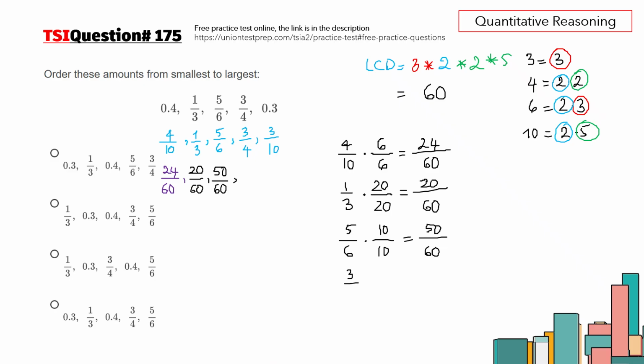Now 3 over 4. We want to convert it, so 4 times 15 will make it 60. So we multiply top and bottom by 15. 3 times 15 is 45.